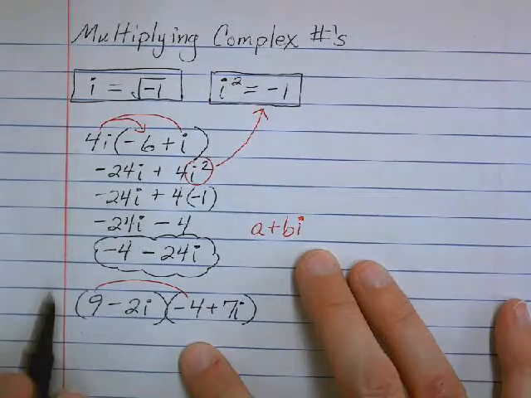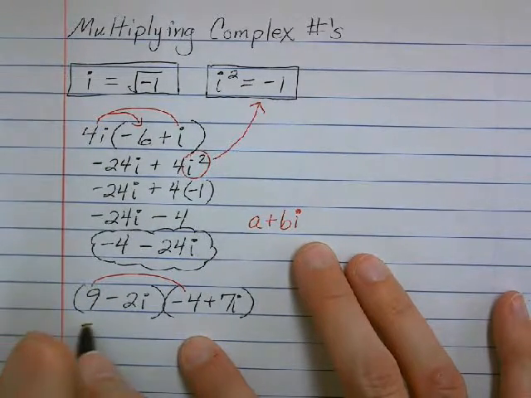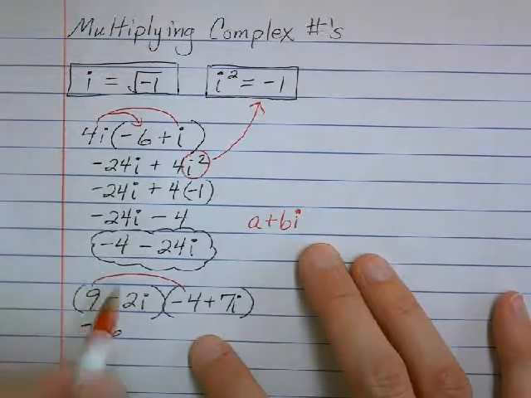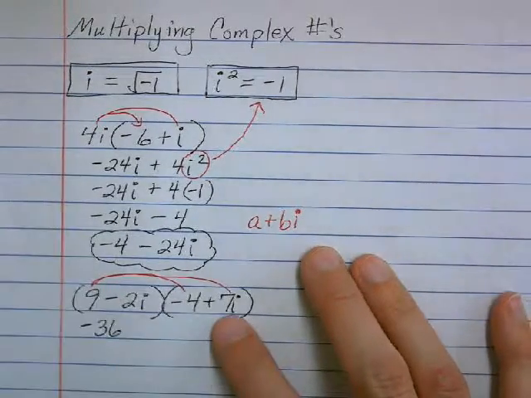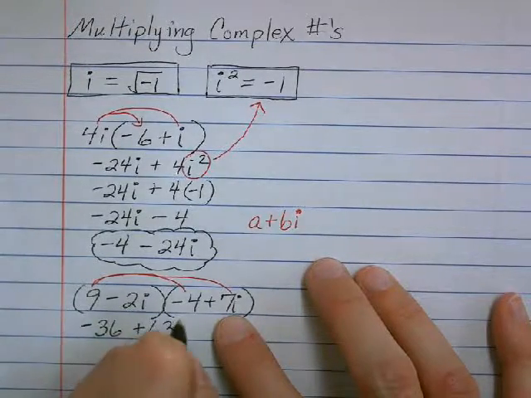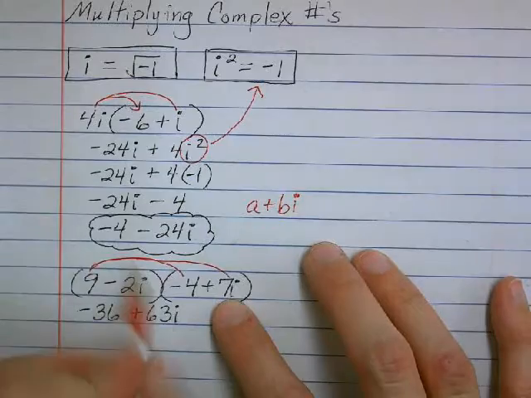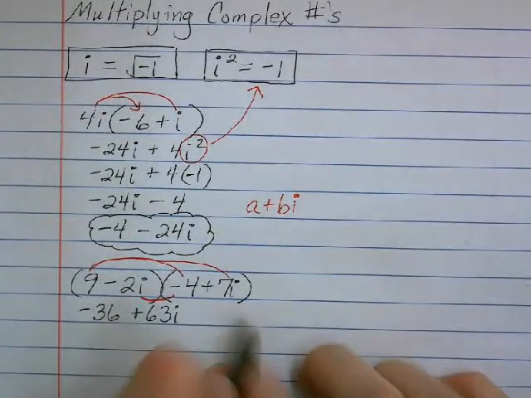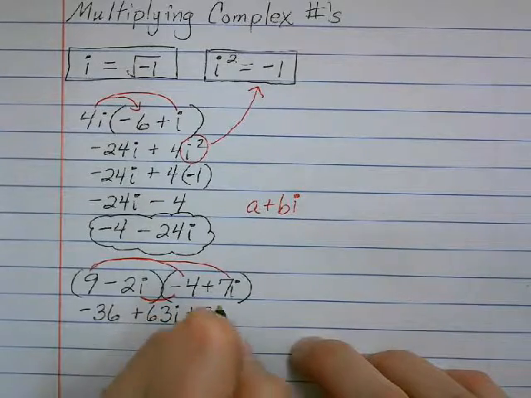So take 9 times -4, get -36. Then you take 9 times 7i, which would give you 63i. Then you multiply the inside terms. There's a negative times a negative there, so you get plus 8i.